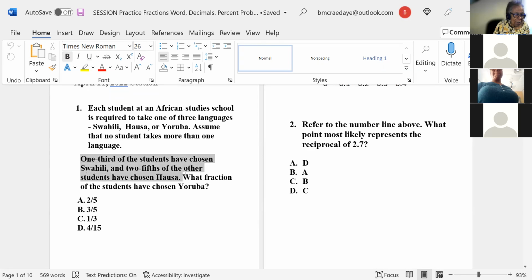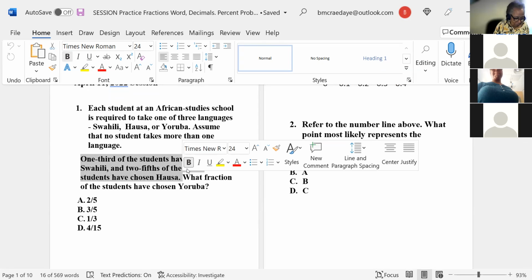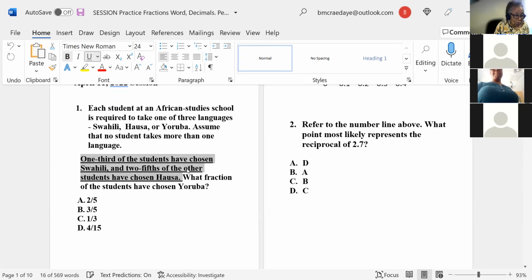So 1/3 have chosen Swahili. 2/5 have chosen Hausa. The remaining students have chosen Yoruba. It takes 3 languages. No student takes more than 1 language.